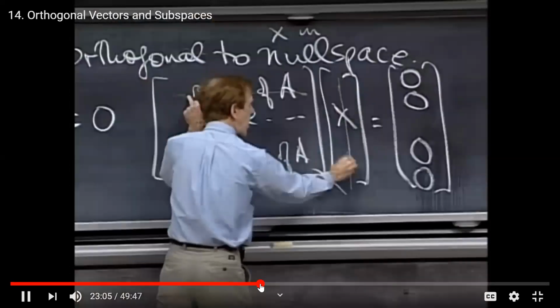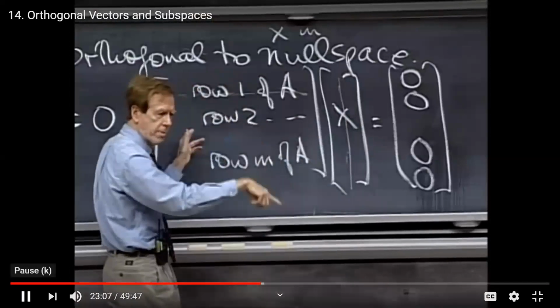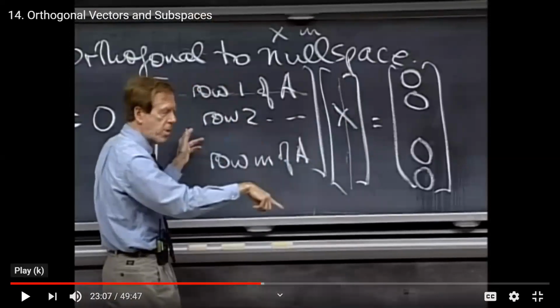So what we are saying here is that every vector in subspace S is orthogonal to every vector in subspace T. Let us take the example of the wall and the floor. Now we are saying that these are not orthogonal subspaces.